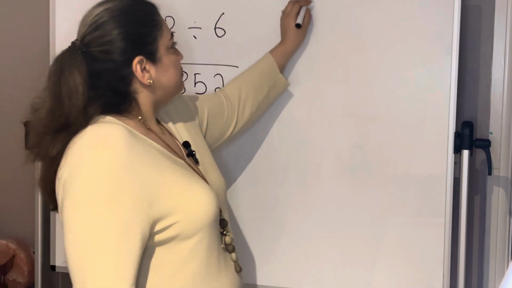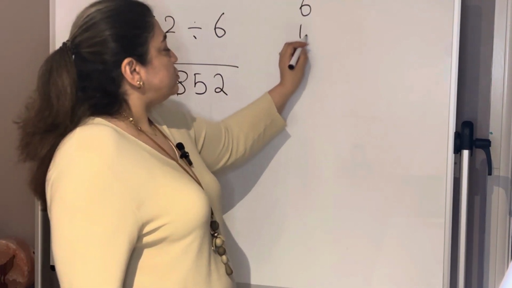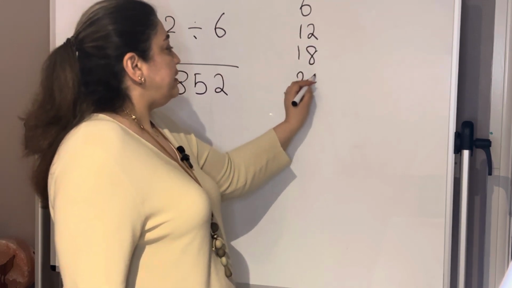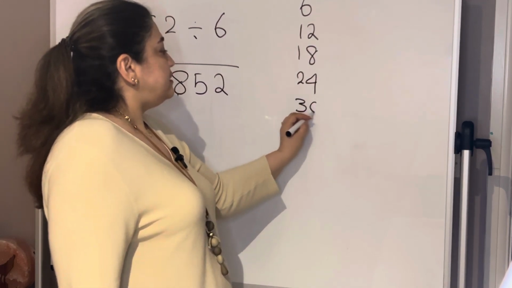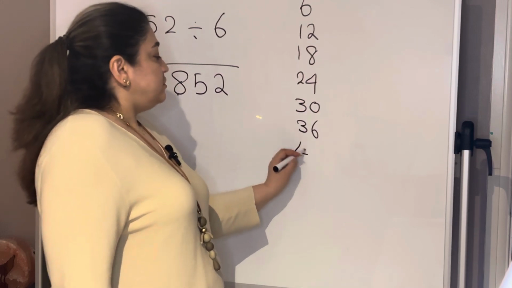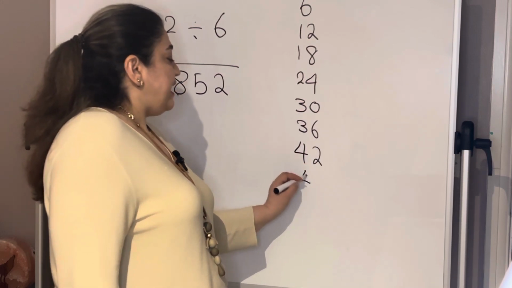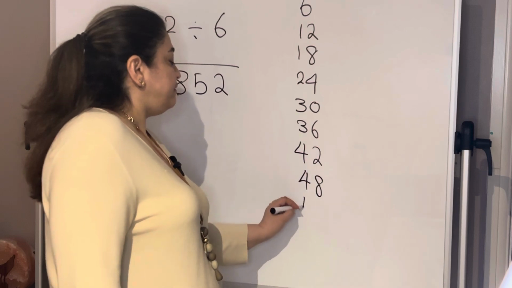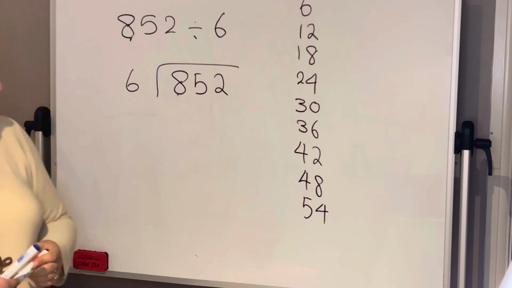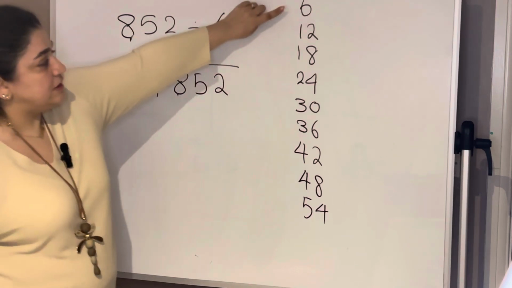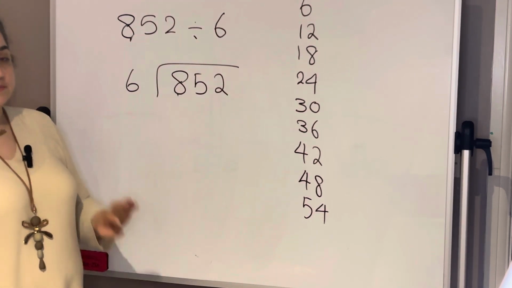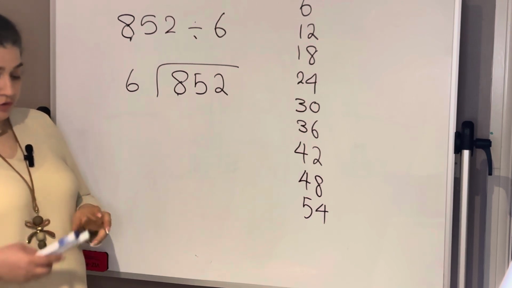So I write down the times table here: 6, 12, 18, 24, 30, 36, 42, 48, 54. And you have to write it down until 6 times 9. So 6 times 1 till 6 times 9. Always please write this one down for yourself.